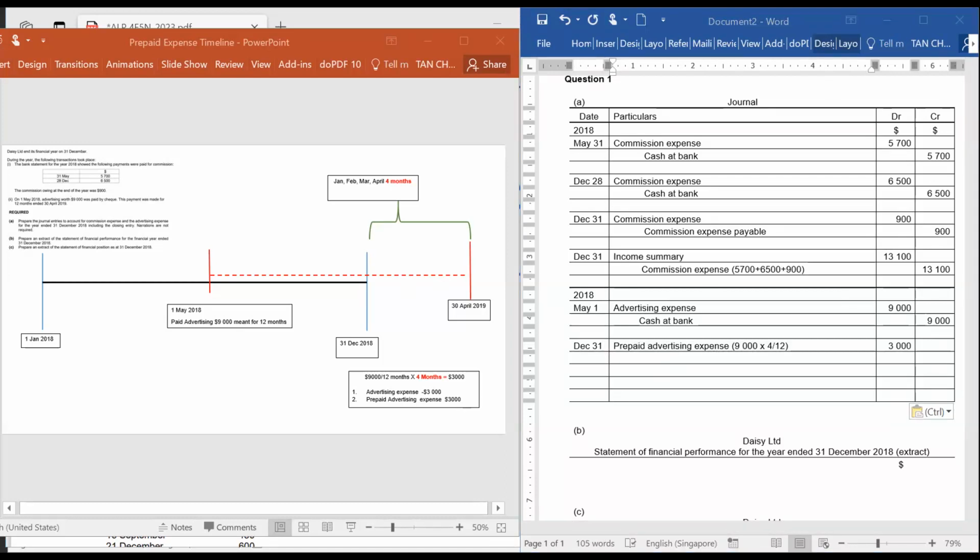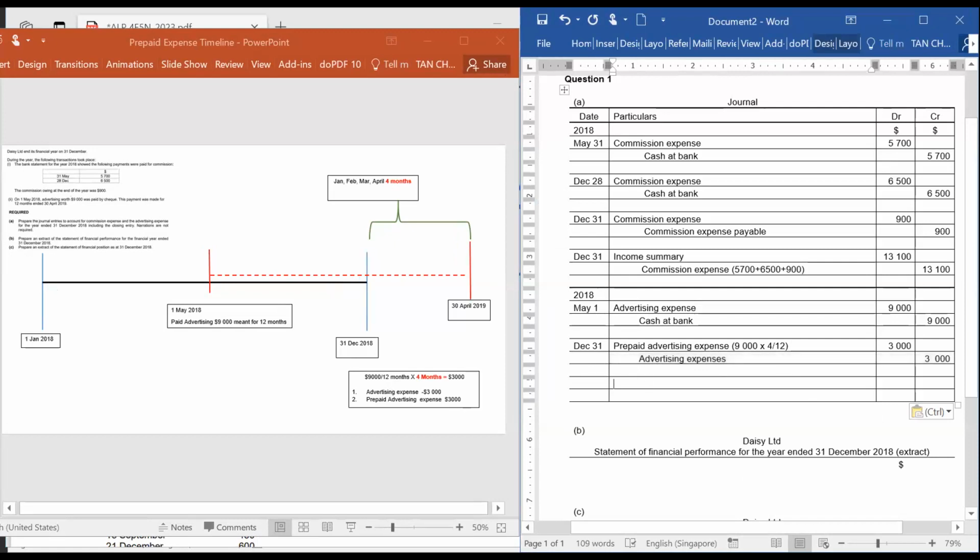At the same time, we credit our advertising expense, because we know that even though we paid 9,000 previously, 3,000 doesn't belong to the year that we are doing. The one that we are doing is only up to 2018, 31st December.